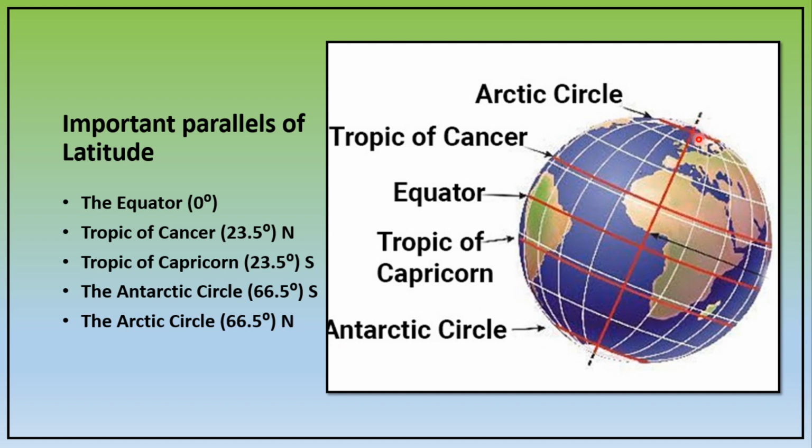This same axis or tilt makes an angle of 66.5° from the orbital plane. That is why the Arctic Circle and the Antarctic Circle are at 66.5° north and south of the equator.